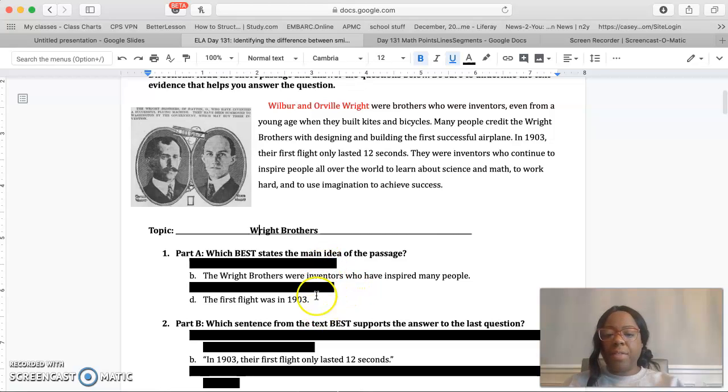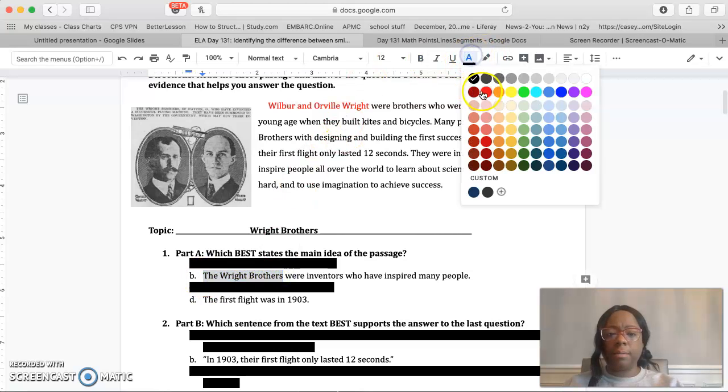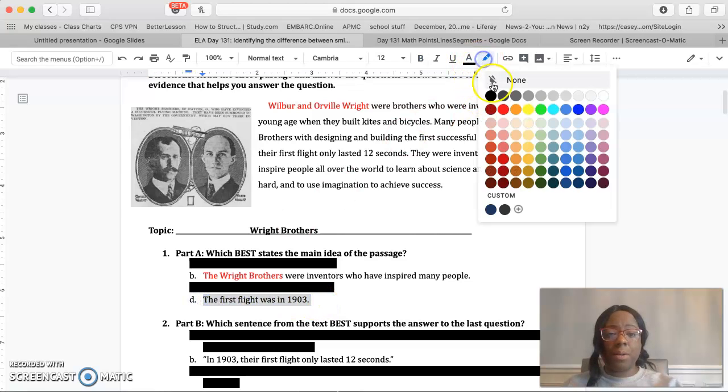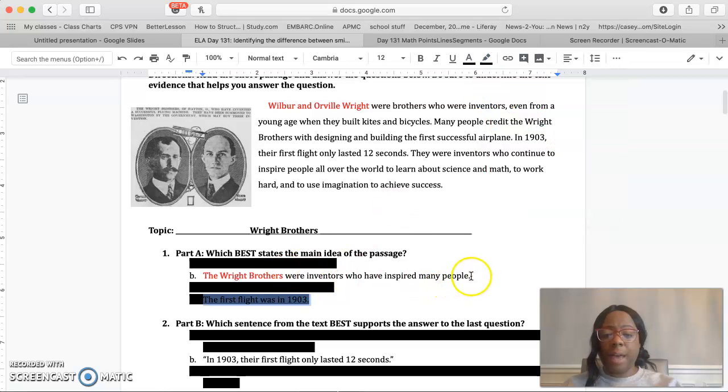Now, when we look at the options, our first option is the Wright brothers were inventors who have inspired many people. I've identified right here our topic. Let's look at the next option. D, the first flight was in 1903. I know that this is an option that we can eliminate because it doesn't even mention the Wright brothers. So we're going to eliminate that and make our answer B.